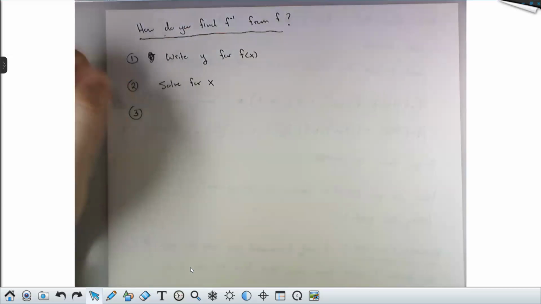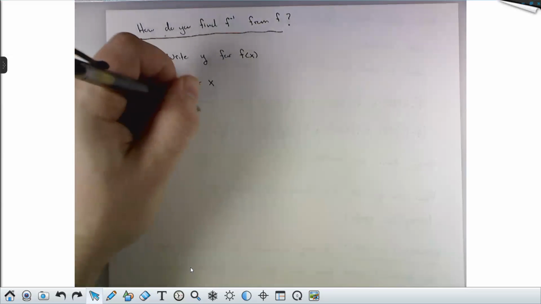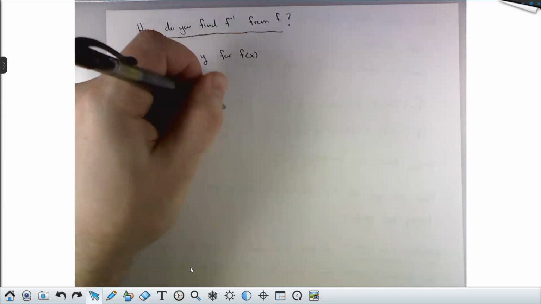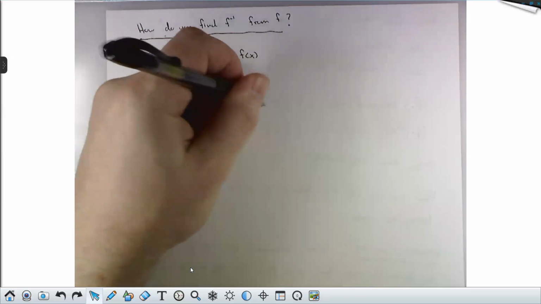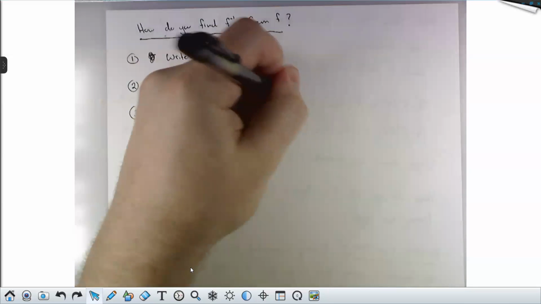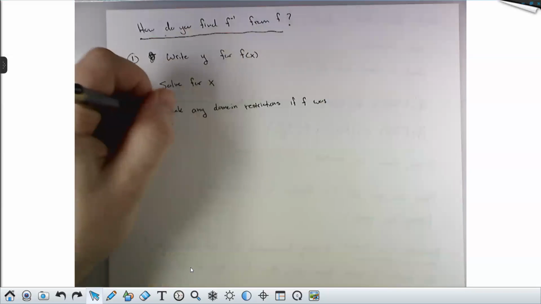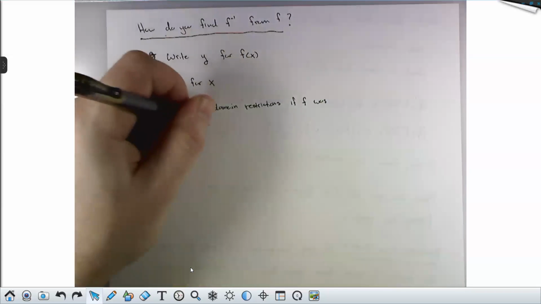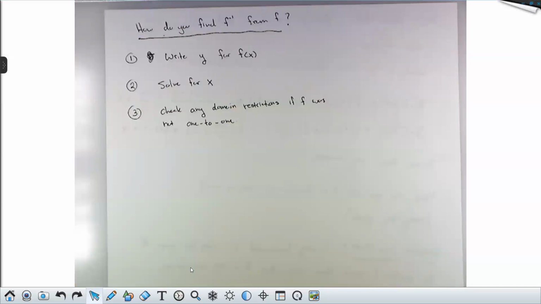Then you're going to check any domain restrictions, if the original was not one-to-one. I'm afraid to use that abbreviation. I'm just worried that you guys won't recognize what I'm saying. So this third step here is a special step for trying to invert functions that are not one-to-one.